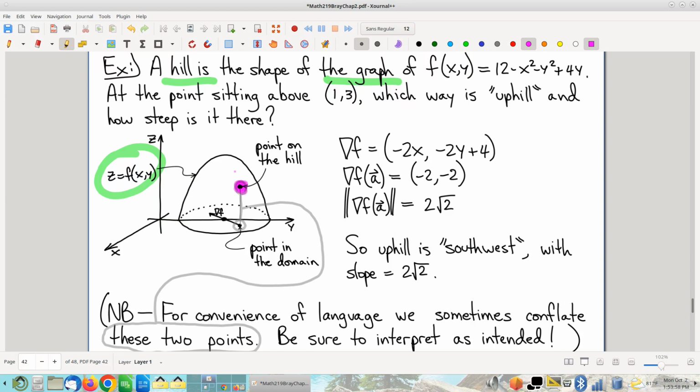And yet, when we describe my location, let's just think about the real world for a second here. When you describe your location, longitude and latitude, nobody bothers to say longitude, latitude, and altitude above sea level, right? Because why would you? Of course, I'm at whatever point is on the surface. If somebody says, I'm at the latitude and longitude of Duke campus, and by the way, I am also 300 feet elevation above sea level, well, of course you are.